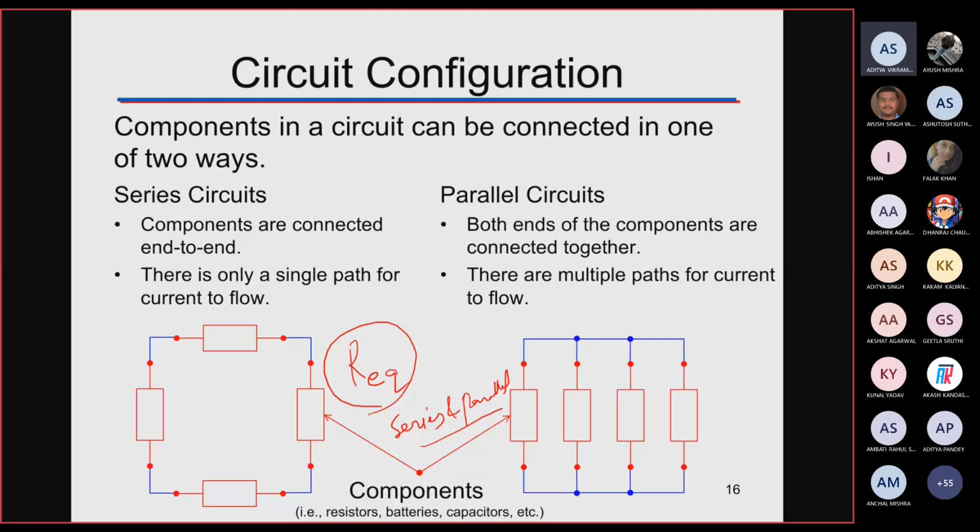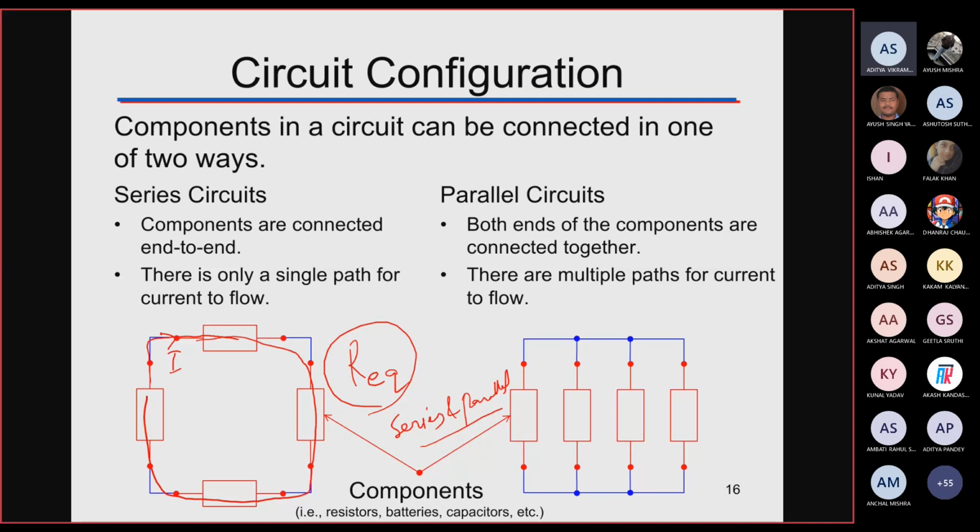So the very basic concept is that if all the components of the electrical circuit are connected in series, then the current through all the components will be the same. Same current will be flowing through all the electrical components of that particular network.